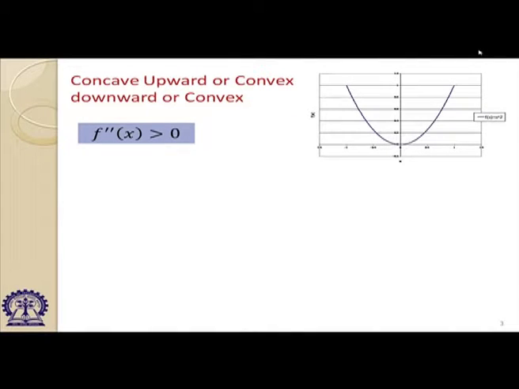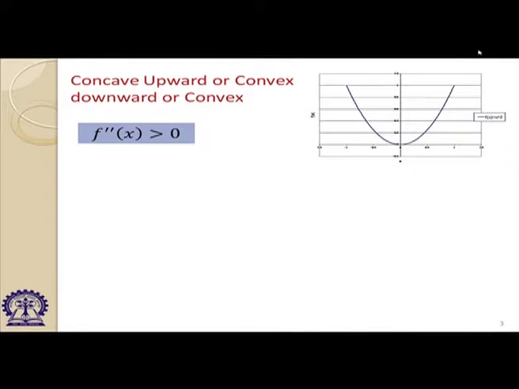Since we are considering the nonlinear function, as we know, the function can be convex, or concave, or neither convex nor concave. Due to the curvy nature of the function, I defined in the last class how geometrically a convex function can be defined.